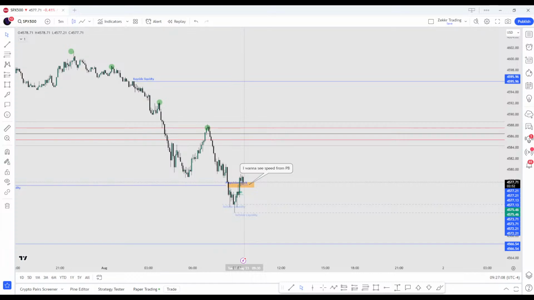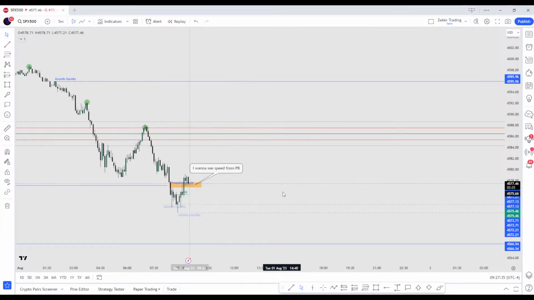Time based liquidity is just the high and low formed in a specific session, while chart based is equal highs, equal lows, and then there can be imbalances, new opening gaps, all things like that. It's just liquidity, right? It's where your stops would be, where you would trade a stop loss. It's just that.